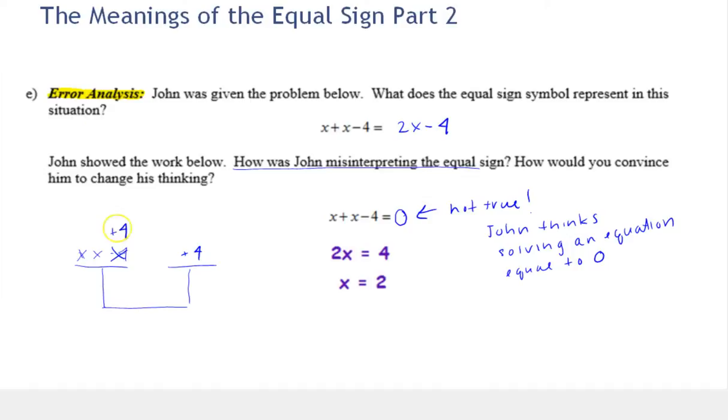Okay, I know we haven't done this officially yet, but maybe you could see to get rid of a negative 4, you could add a positive 4. And then he says, well, 2 of the same thing added together must give me x equals 2.